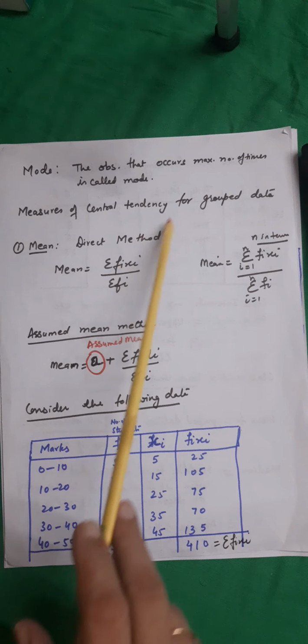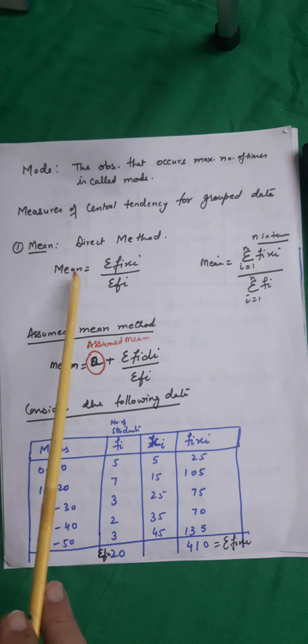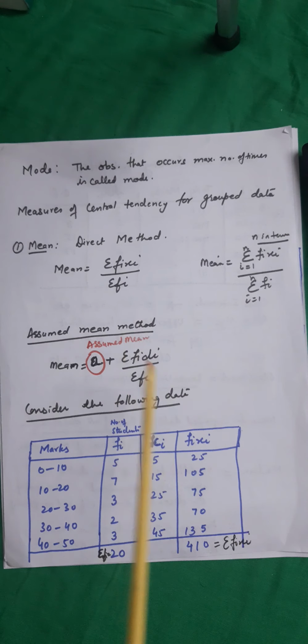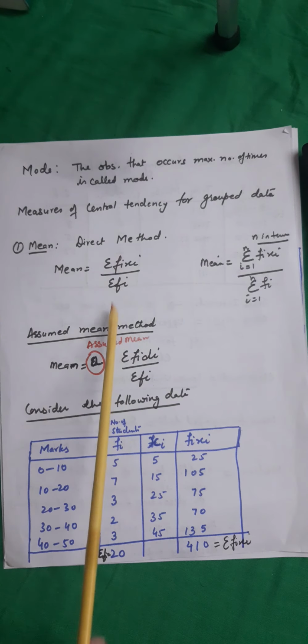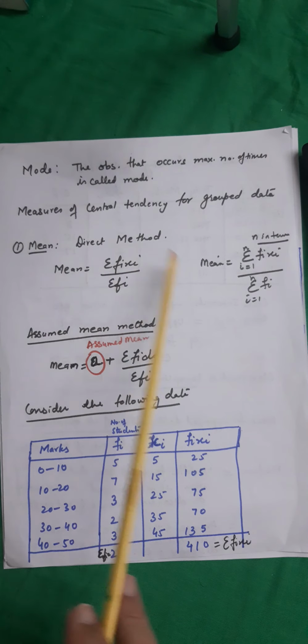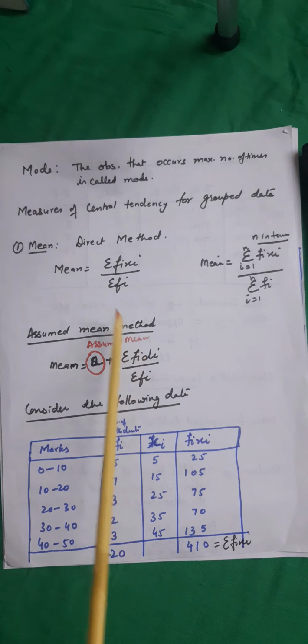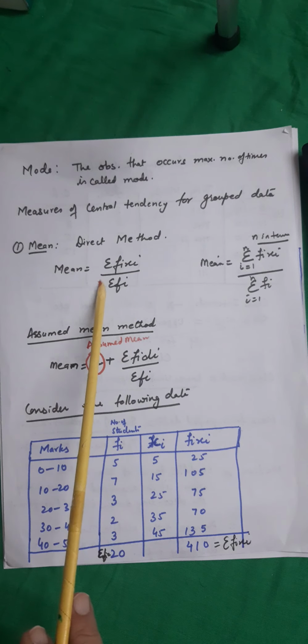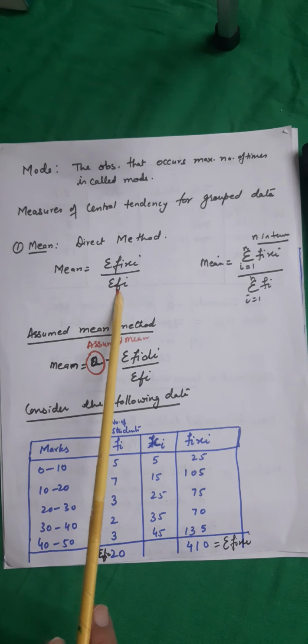Now, measures of central tendency for the grouped data. Same mean, median and mode, but we will have different formulae this year. For mean we have various methods. We will discuss in this video the direct method and the assumed mean method. Mean of the data is given by the formula sigma fi xi upon sigma fi.